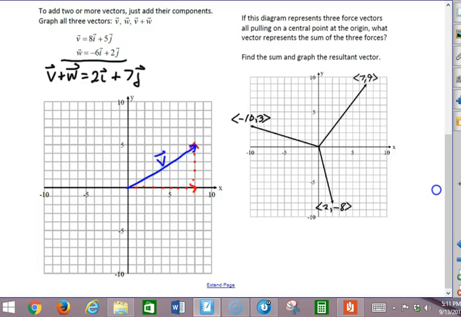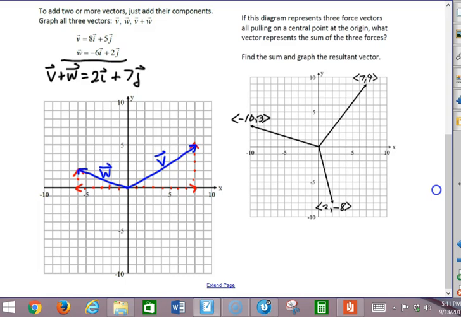Now if I go left 6, 1, 2, 3, 4, 5, 6, and up 1, 2, then my vector w goes from here to here. So there's w.